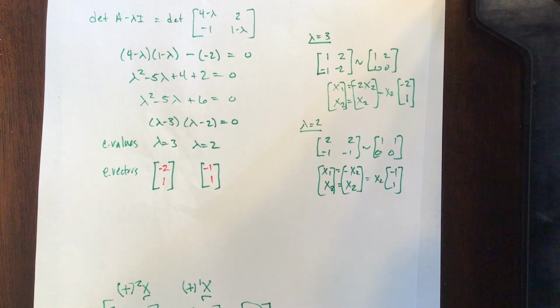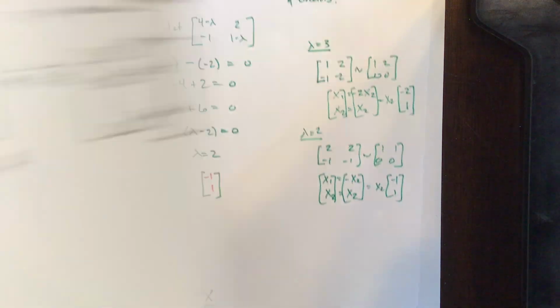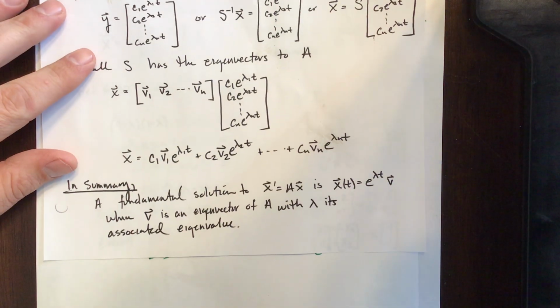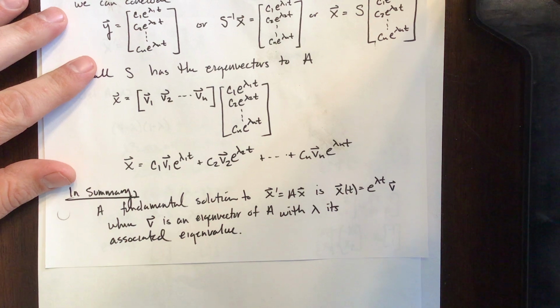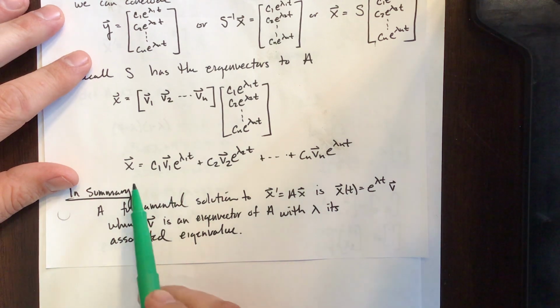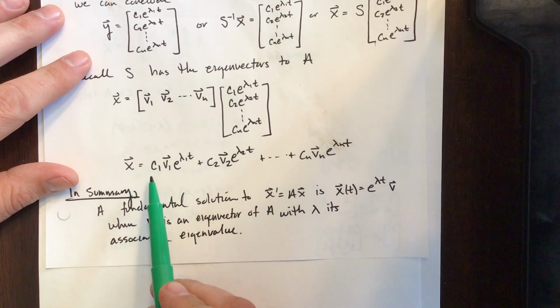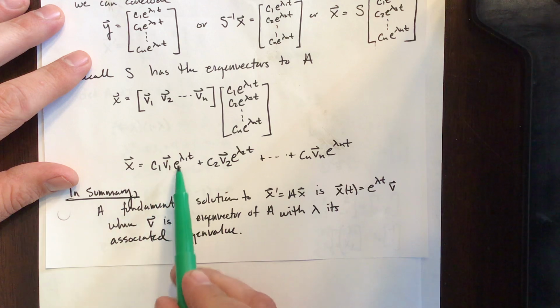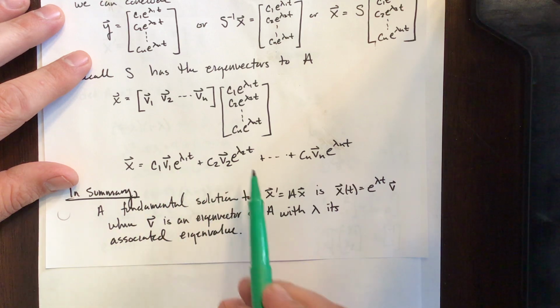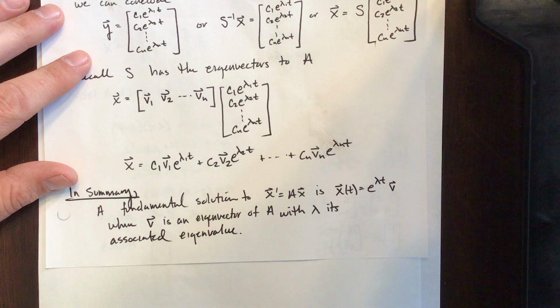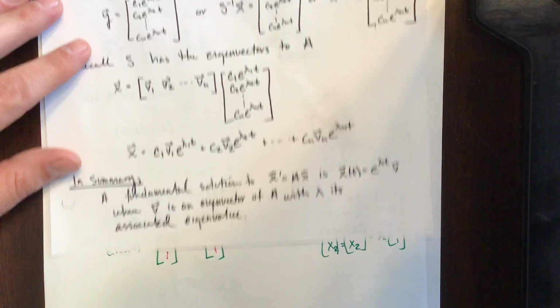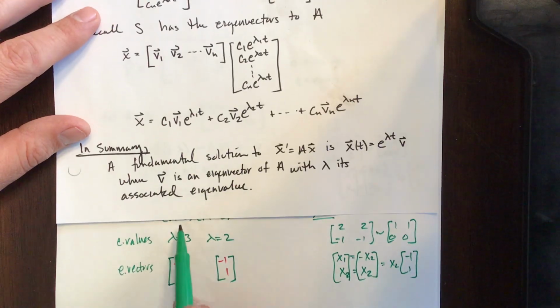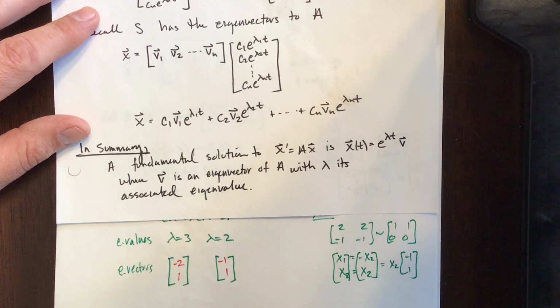All right. So, putting this all together, the solution looks like C1 V1 e to the lambda 1 t plus C2 V2 e to the lambda 2 t. So we'll call this eigenvector 1, eigenvalue 1, eigenvector 2, eigenvalue 2.